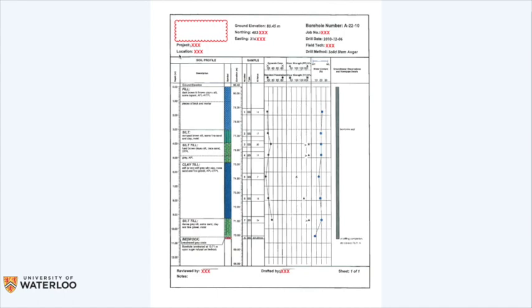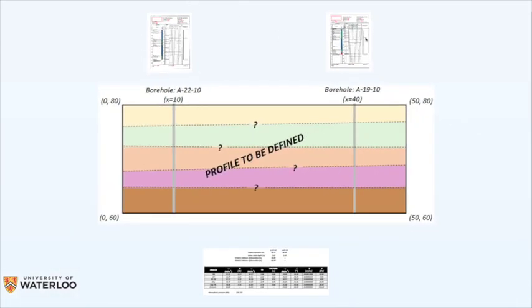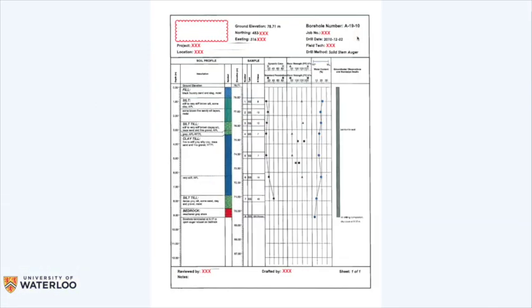So that means 1, 2, 3, 4, 5, and the bedrock, okay? Then, if you compare this borehole with the second one, you could see that the materials are the same, but the thickness of the materials is not the same. Okay? So the idea is to connect the 2 boreholes to create the layers.